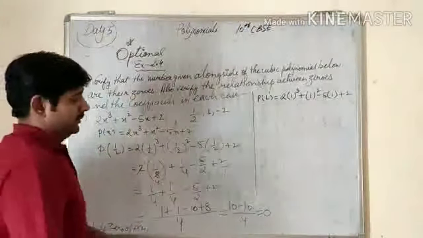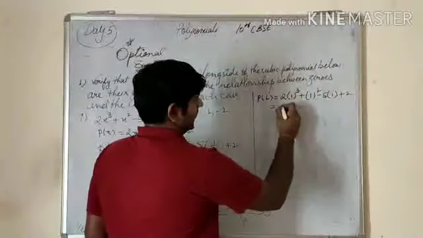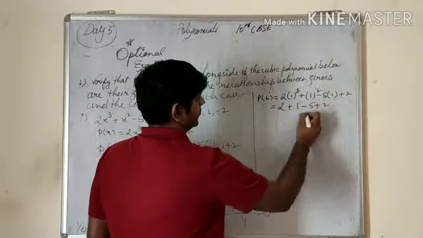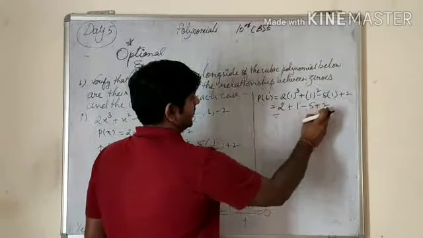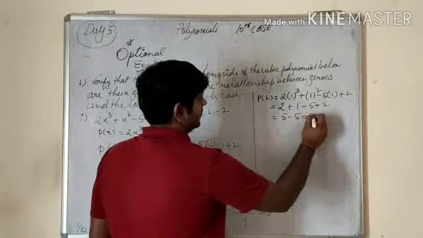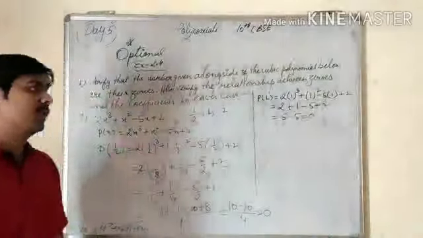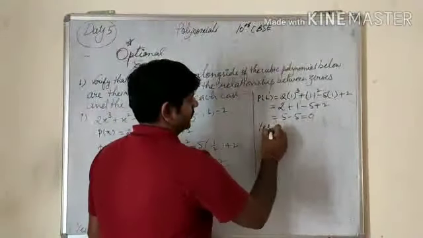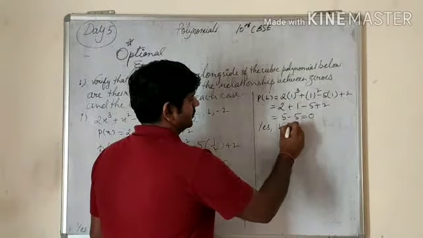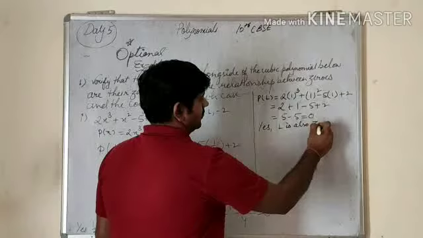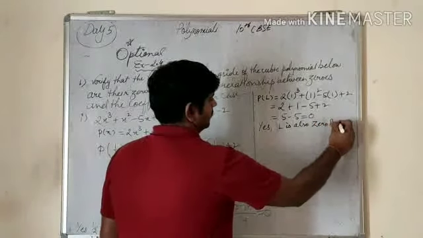Let's take, 1 cube is 1, that's why 2. 1 square is 1 minus 5 plus 2. 2 plus 1 is 3, plus 2 is 5, 5 minus 5 equals 0. It means yes, 1 is also a zero of p(x).